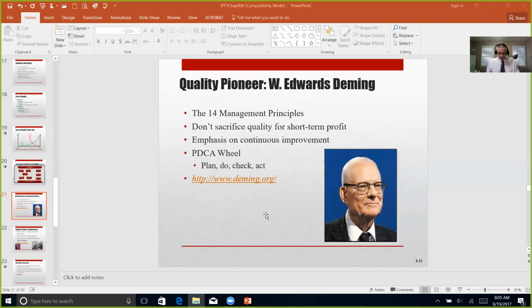And he really stressed that top executives within the organization should be managing the organization for the long term and not sacrificing quality for short-term profits.